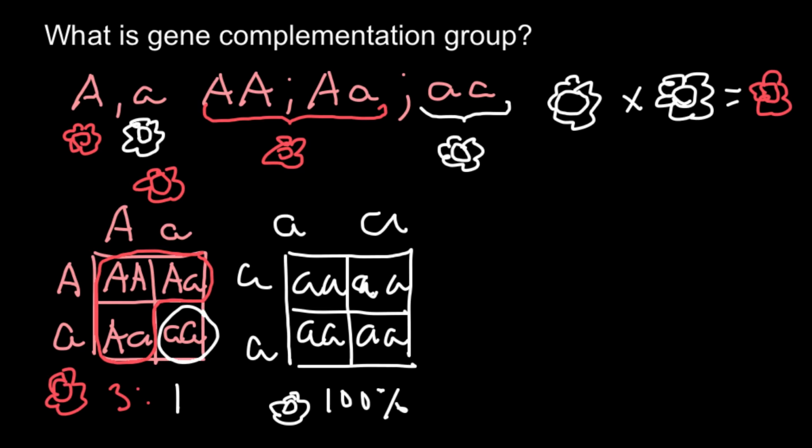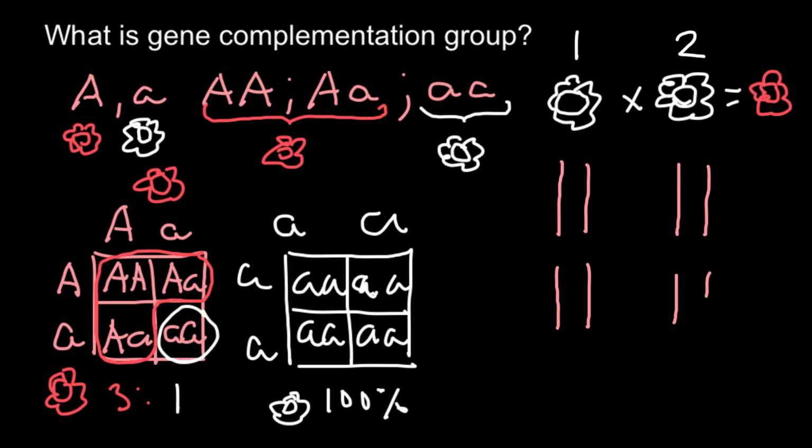Imagine that strain number 1 and let this be strain number 2, have this trait under control of 2 genes. So let me show you one set of chromosomes here, and this is going to be the second set of chromosomes here, and one set of chromosomes here, and second set of chromosomes here.